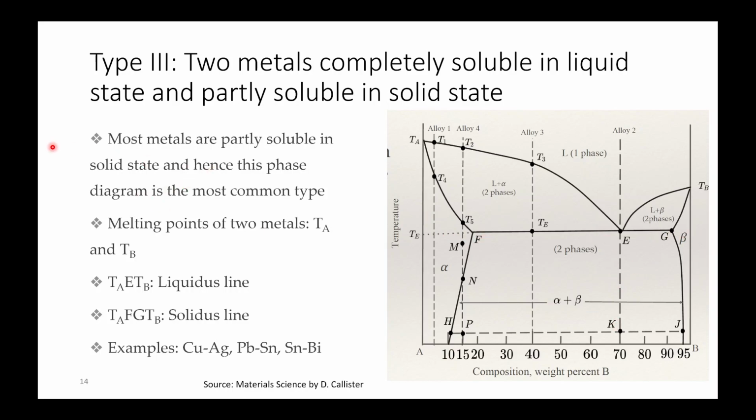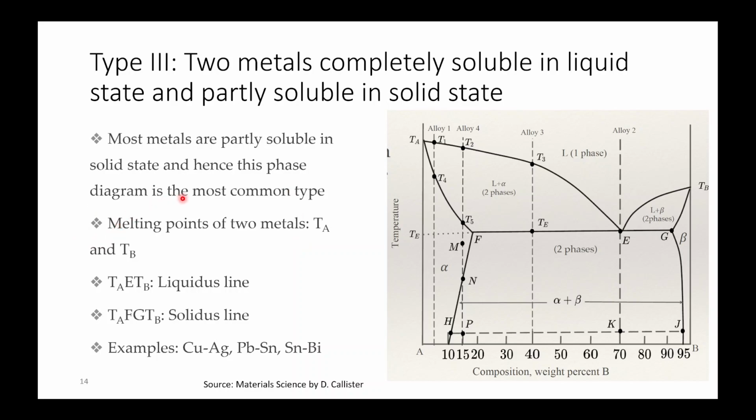Now most metals are partly soluble in the solid state, hence this phase diagram is the most common type. The melting points of the two metals are Ta and Tb, and the eutectic point will be very low compared to these two. These eutectic reactions are very important when we want something that melts easily and is easily manufacturable, which is used in cast irons and solders.